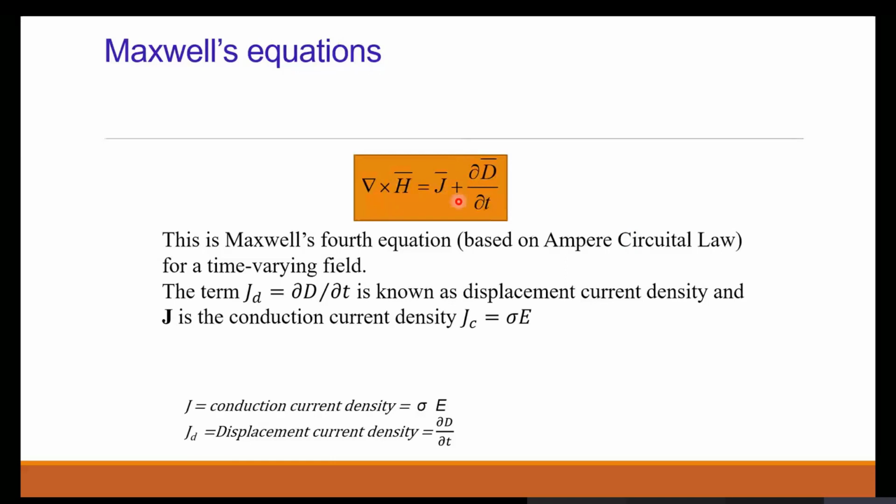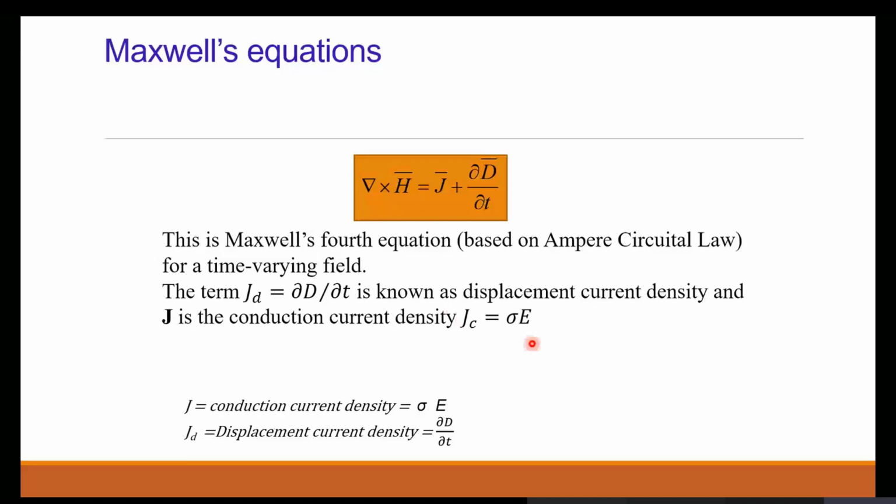Remember, the term JD is equal to dou D bar by dou T is also known as displacement current density. As it is current density only, we call it displacement current density, and only JC or J is called conduction current density. Conduction current density depends upon the electric field E bar and this sigma.